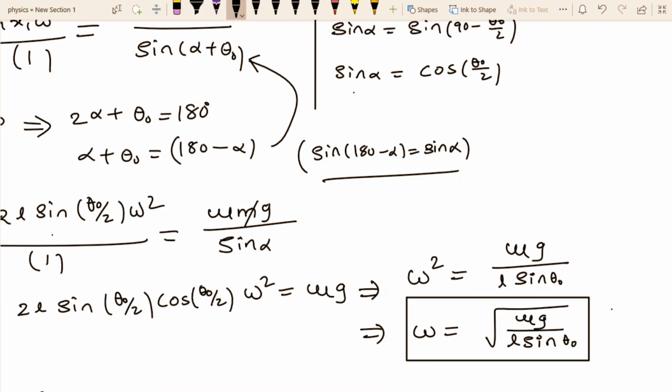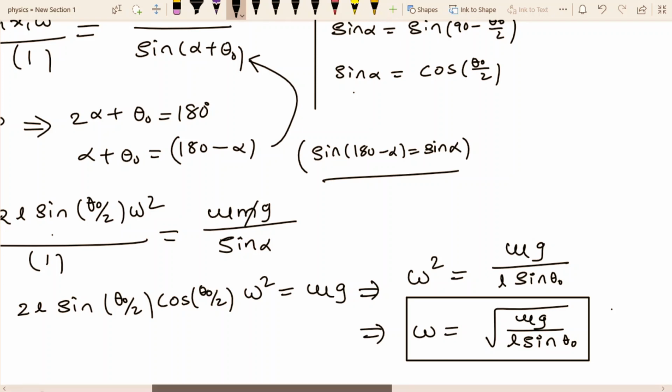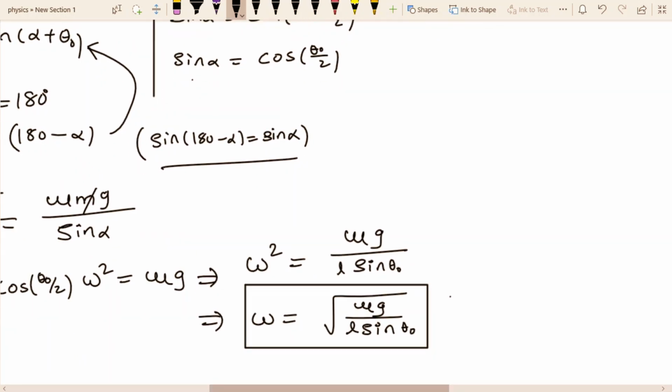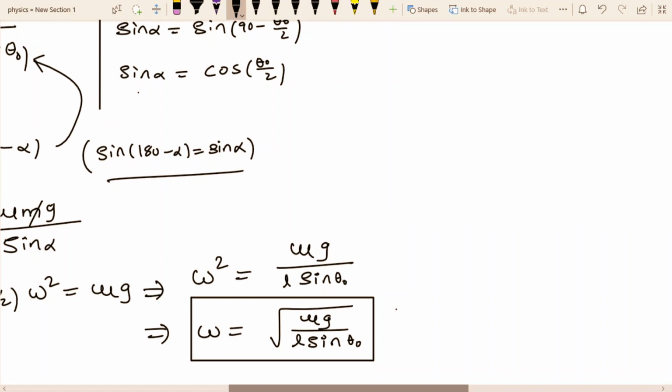Now we have to observe and compare these angular velocities. Which angular velocity is more? I don't know which is more here, so we have to compute the values. Let us compute the value of angular velocity 2.